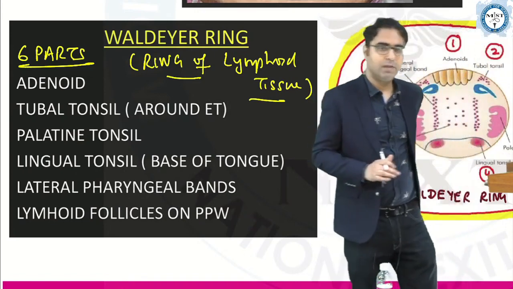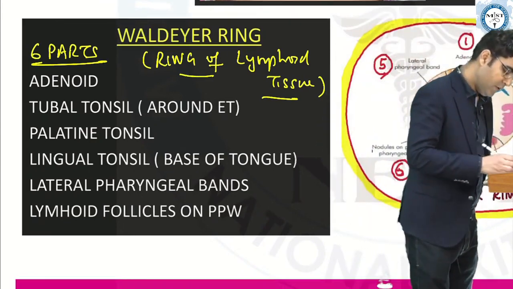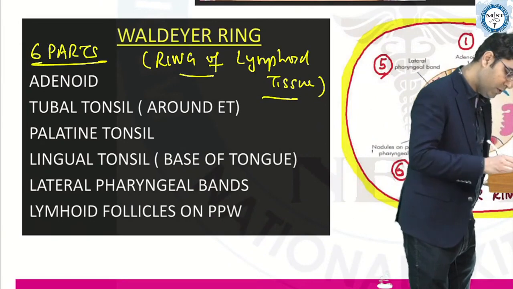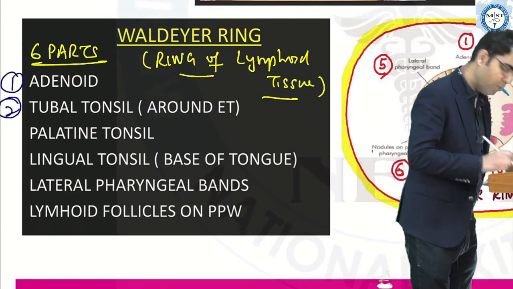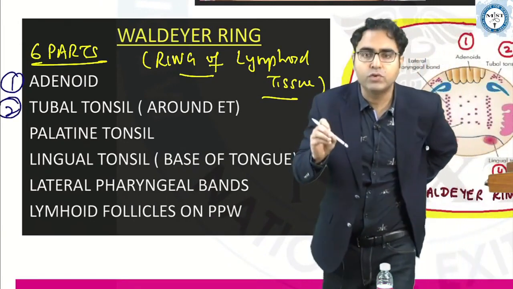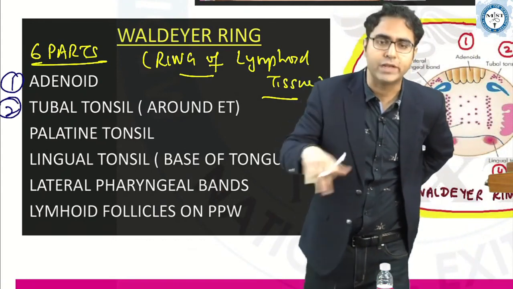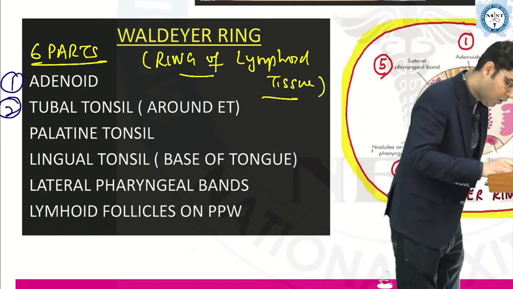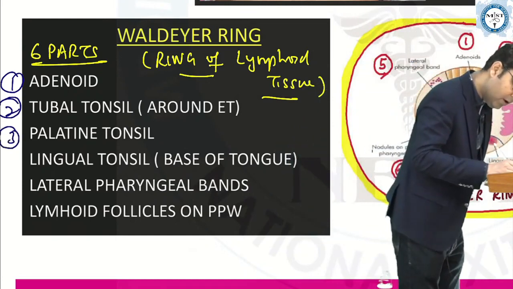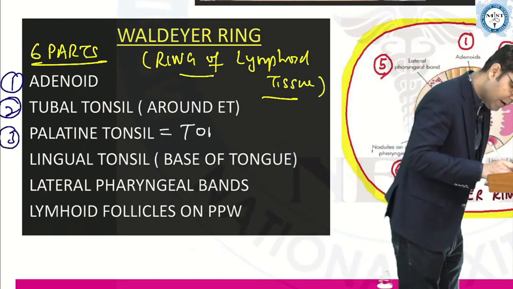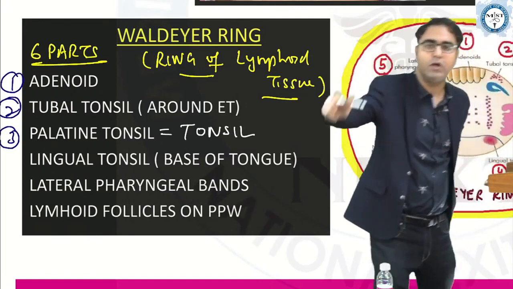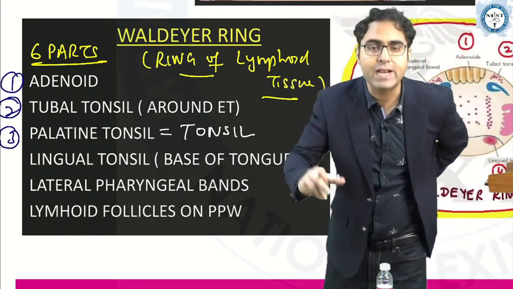Six parts. Number 1, adenoid. Number 2, tubal tonsil, around the eustachian tube. Around the eustachian tube there is also some small lymphoid tissue. Tubal tonsil. Why tubal? Because it is around the eustachian tube. Number 3, palatine tonsil, and I'm sure you know palatine tonsil is the real tonsil, the one you think of as tonsil.